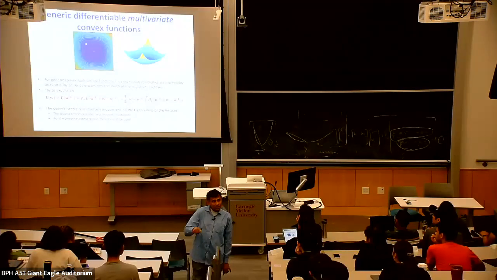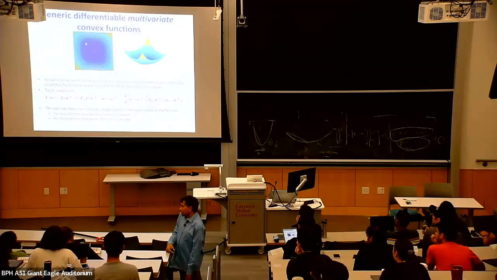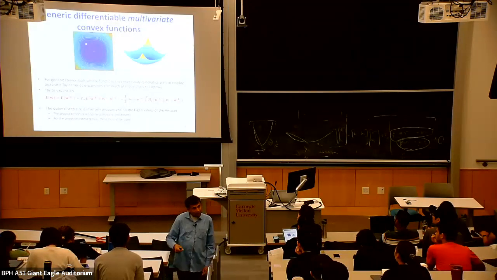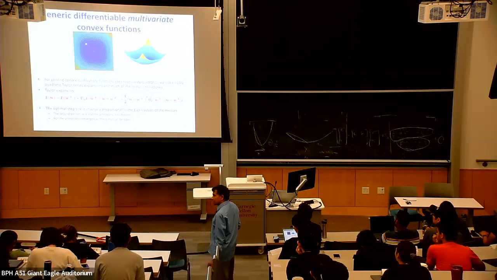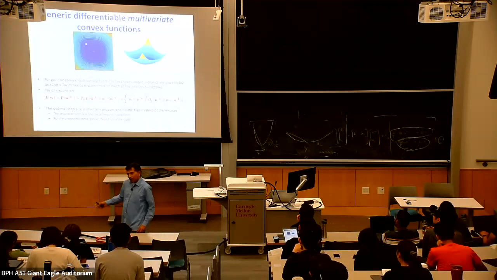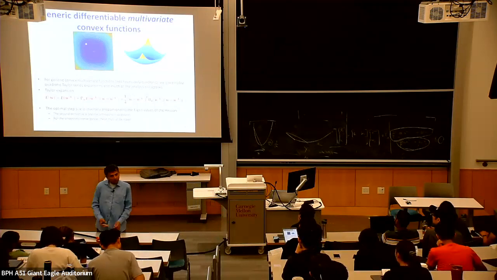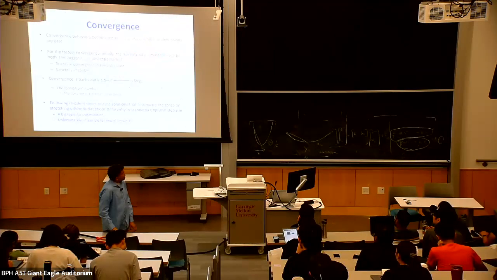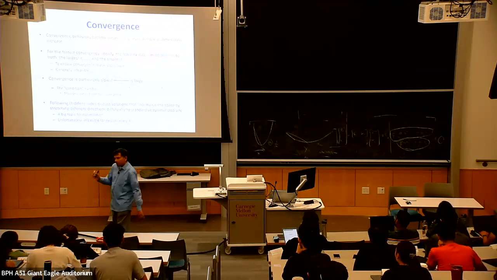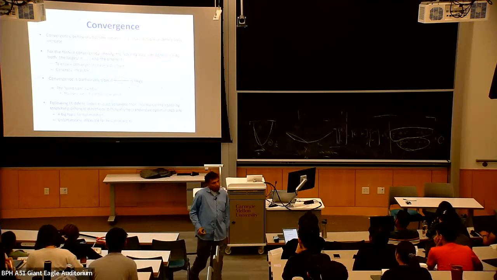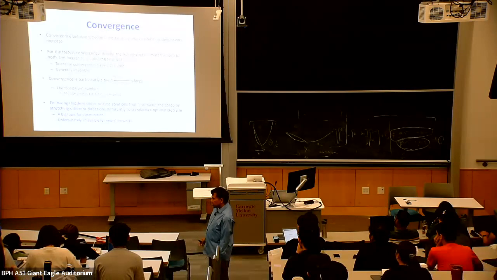In other words, you want the Hessian to have identical eigenvalues along each direction.